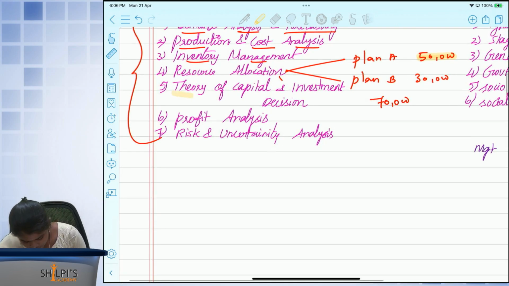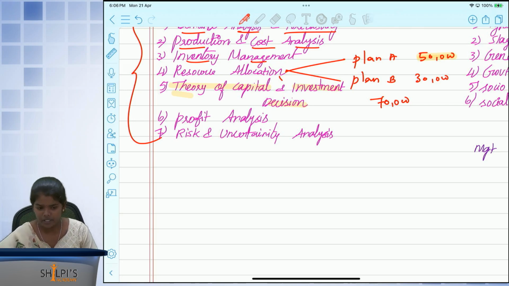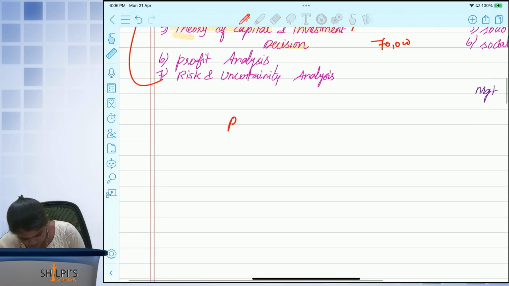Next one, theory of capital and investment decision. We can take this example itself. If I am investing in plan A, how much will I get in return? If I am investing in plan B, how much will I get in return? We can say like this: in plan A, I am getting 10,000. In plan B, I am getting 5,000.